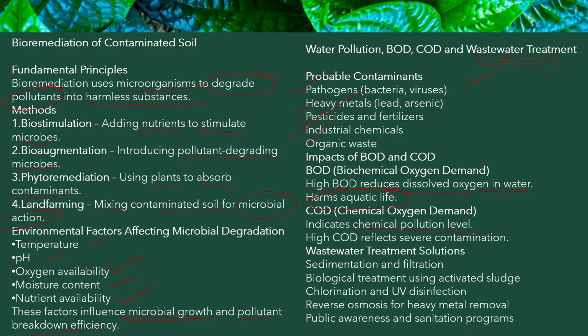A high COD reflects severe contamination. Some solutions that we have talked about are sedimentation, filtration, using activated sludge, chlorination and UV disinfection, reverse osmosis, and public awareness and sanitation programs. This solution part is important.